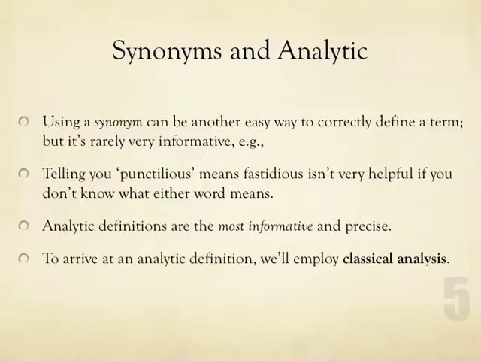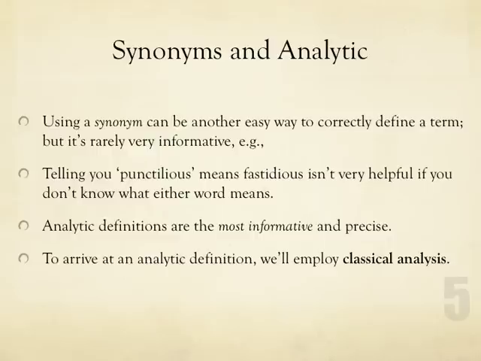Okay, the way we come up with an analytic definition is we employ a method that philosophers have used for centuries called classical analysis. And when we give the classical analysis, we want to know the criteria for the word. We want to know the requirements.